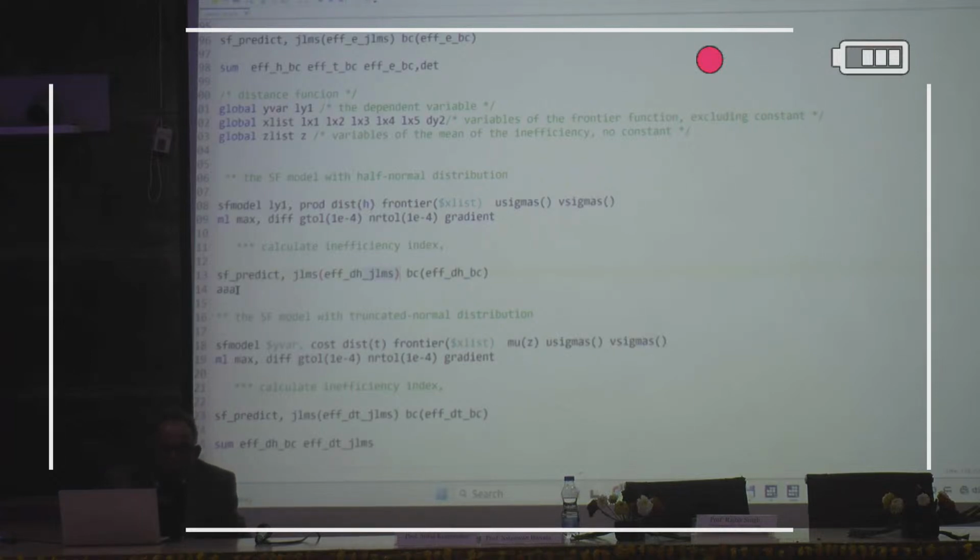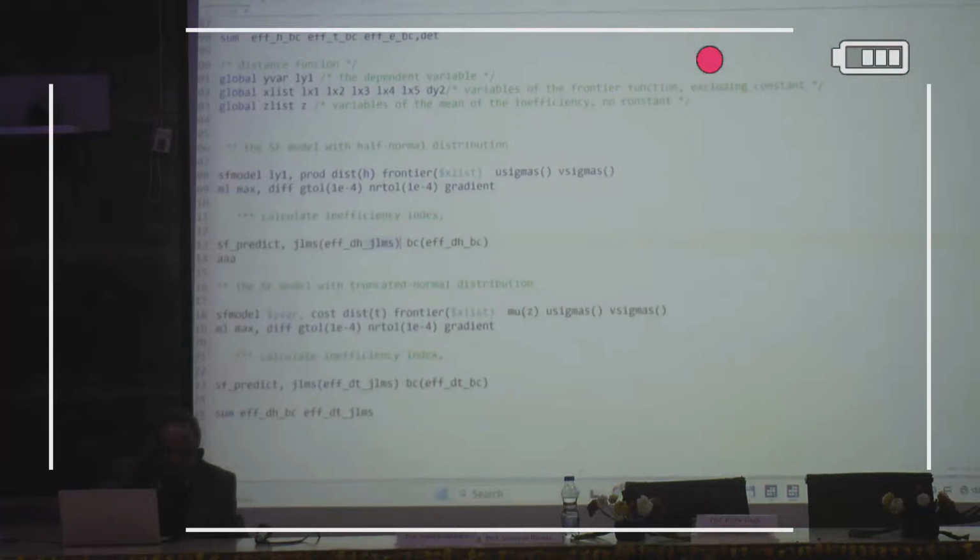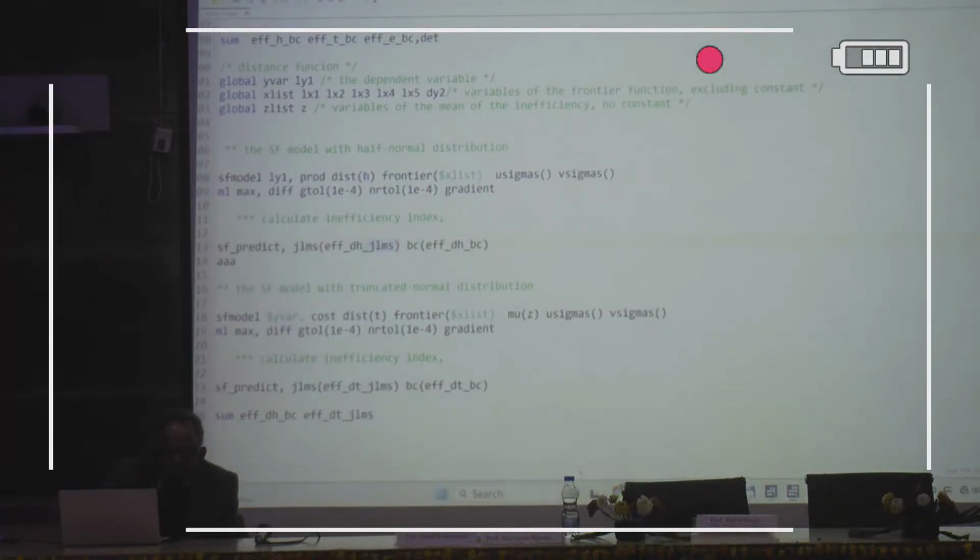If you put something that the computer doesn't recognize, it'll stop there. I'm just saying that the computer doesn't know what it is, and I'm asking it not to read the rest, so it'll stop there. But if you continue looking at these things, again, this is the example of truncated normal.